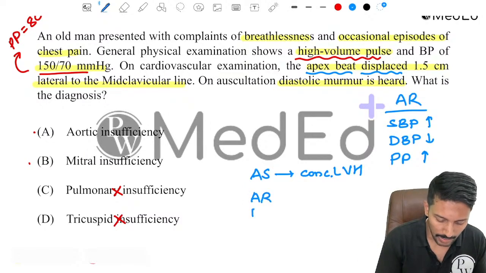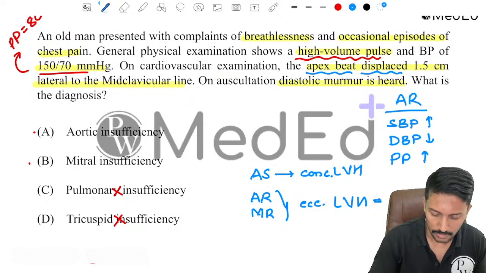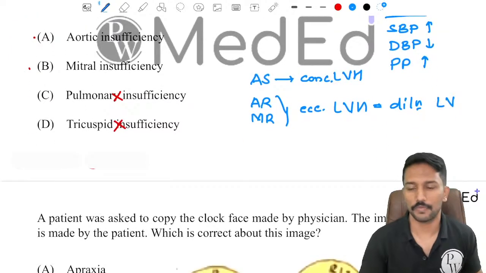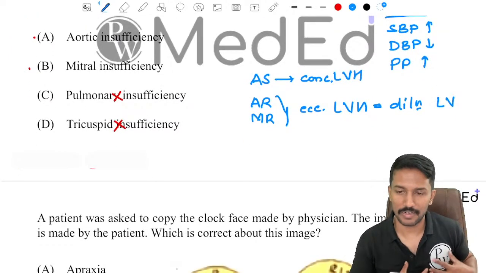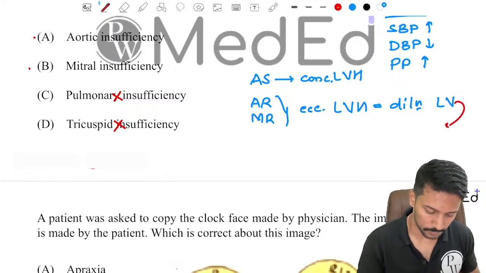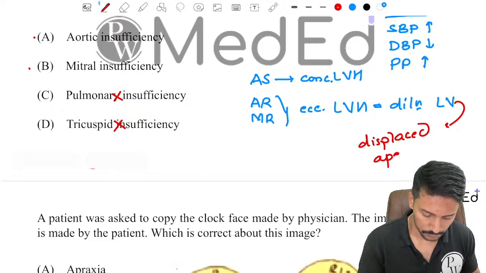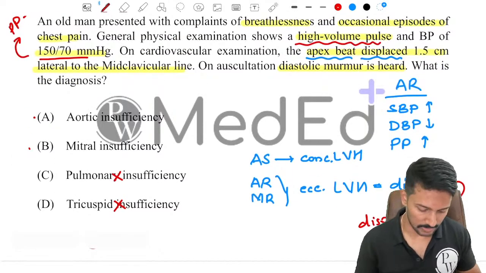But in AR and MR, there is eccentric LVH, or in other words, dilation of the left ventricle. When the left ventricle dilates, the apex beat will be displaced. So both are possibilities.